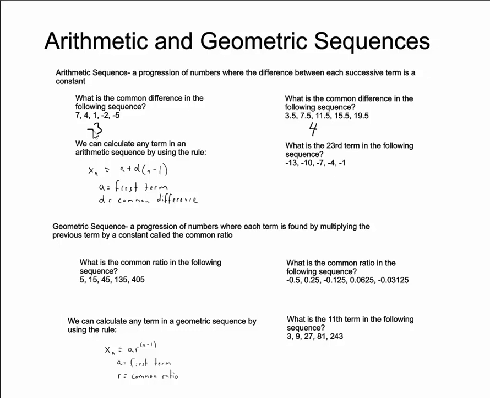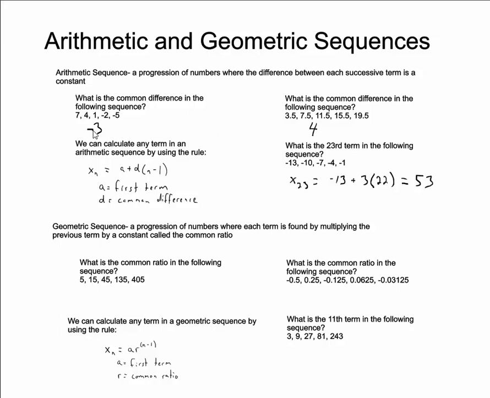We have x sub 23 is equal to a, which is the first term, negative 13, plus d, which is the common difference, which is 3, times n minus 1, n being 23, and then subtracting 1, we get 22. When we calculate that all out, we get 53. So 53 is the 23rd term in that sequence.